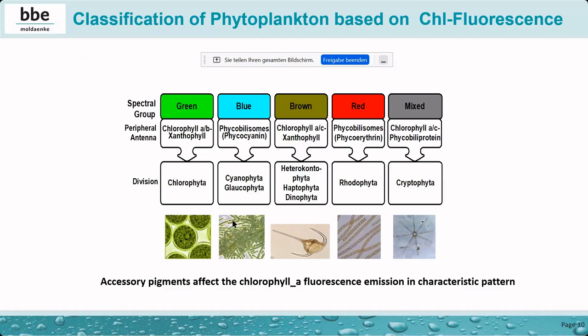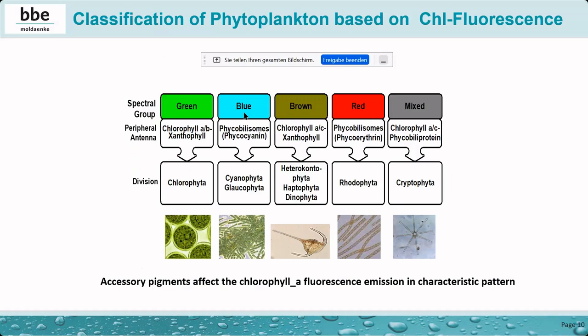Fortunately, the different algae and cyanobacteria have these so-called accessory pigments, and the accessory pigments can affect the chlorophyll fluorescence, this red light which is emitted, and so it depends on the accessory pigments what kind of algae we can see and distinguish with fluorometry. For example, we have here the blue-green algae, or the cyanobacteria. They have the phycocyanin, which I showed in the beginning, and this pigment also affects the fluorometry.